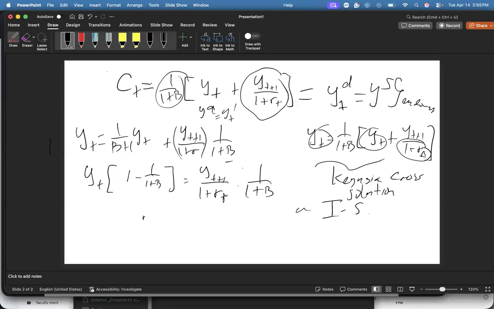I mean, ito klaro na siya, right, guys? Because since yt is here in the numerator, and then the rt is down here on the other side in the denominator, pag tumaas tong rt, what happens to yt? Anyone? Pag tumaas si rt, what happens to yt?